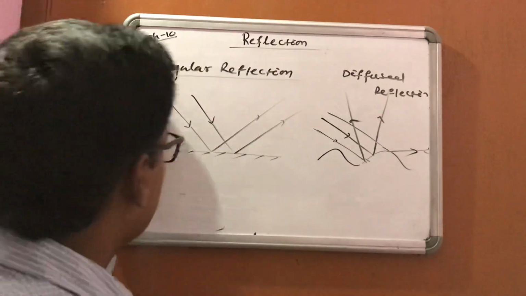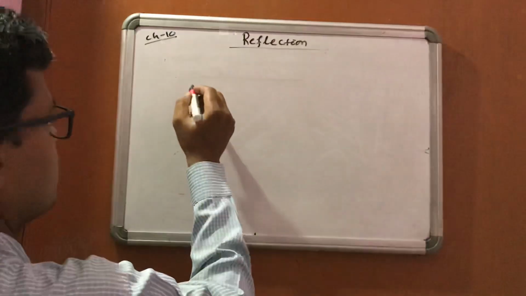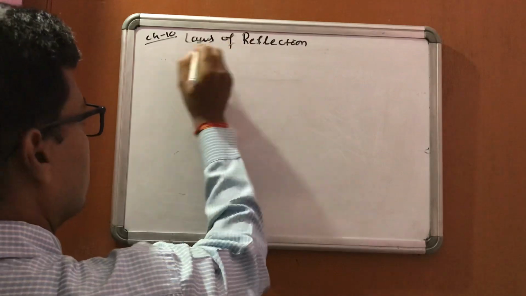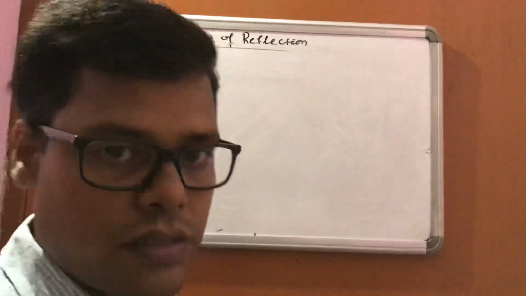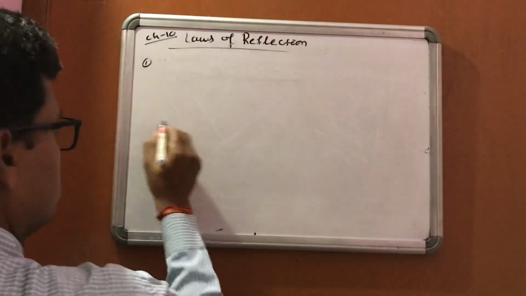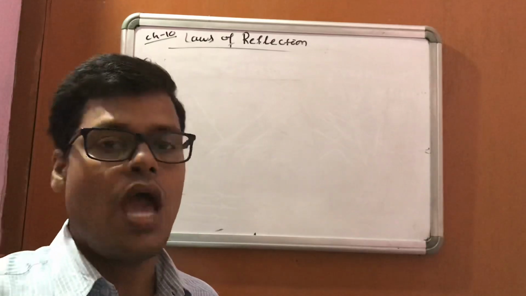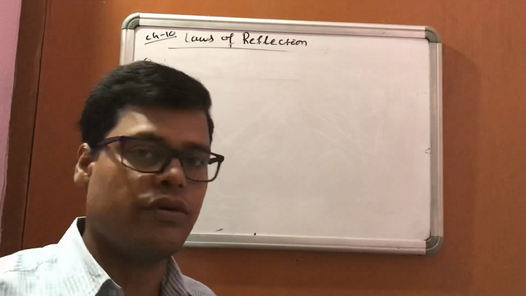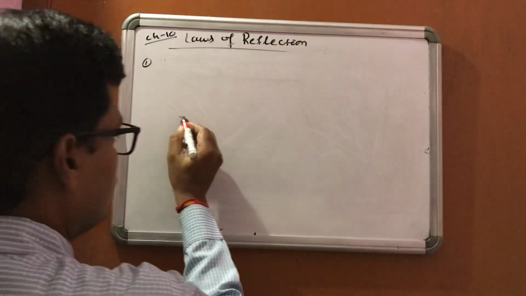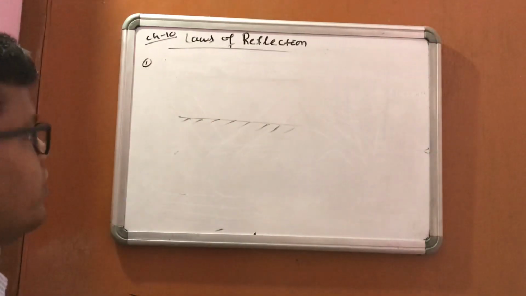Now, laws of reflection. There are two laws. The first law is that the incident ray, the reflected ray, and the normal at the point of incidence all lie in the same plane. Suppose this is a plane reflecting surface.